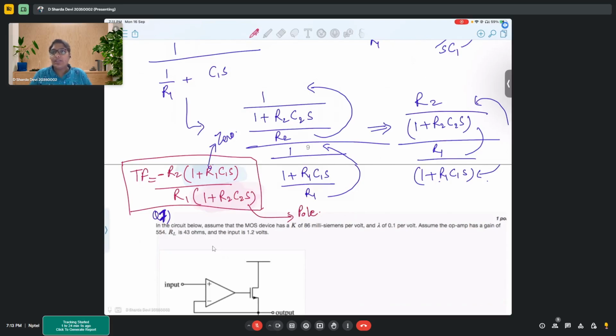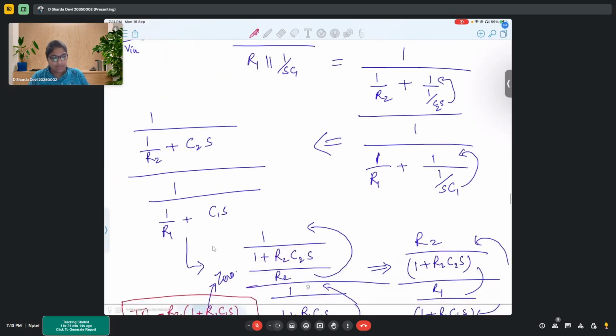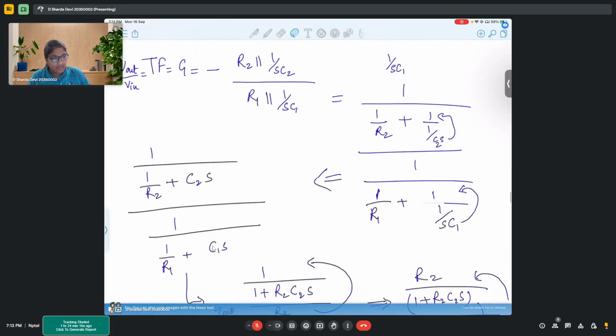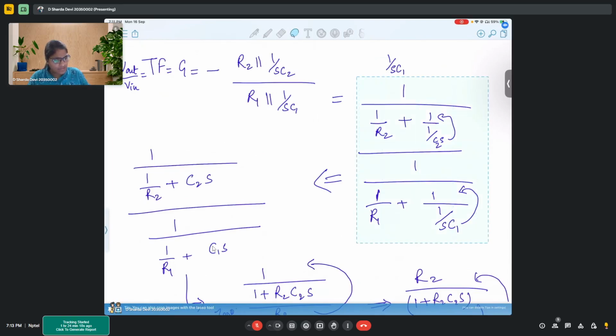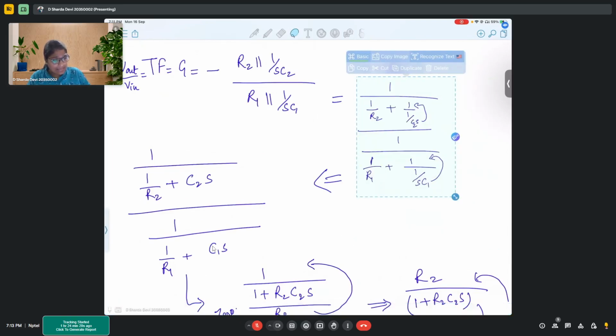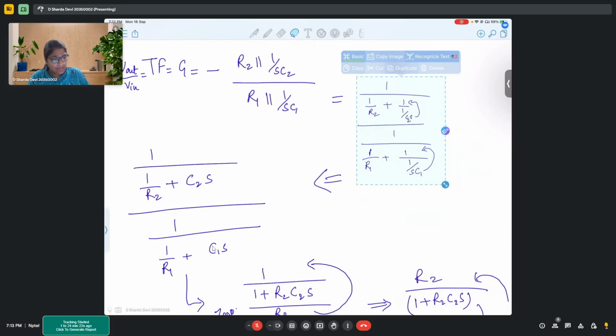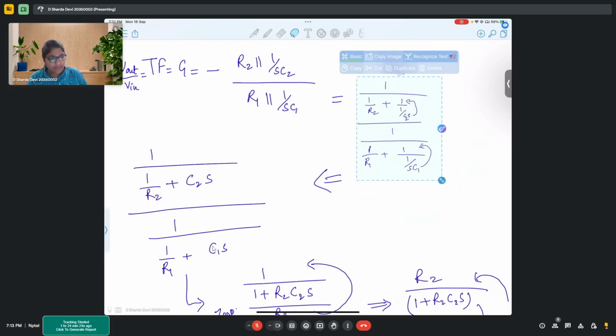Yes, pole reduces your graph with a slope of minus 20 dB per decade, whereas zero increases your gain or plot by plus 20 dB per decade.